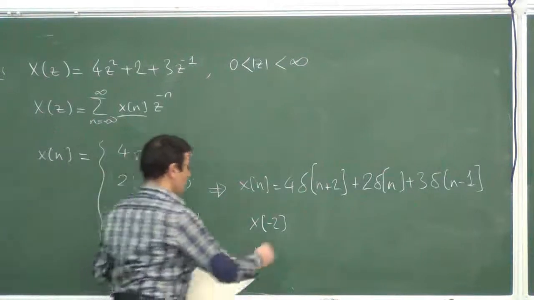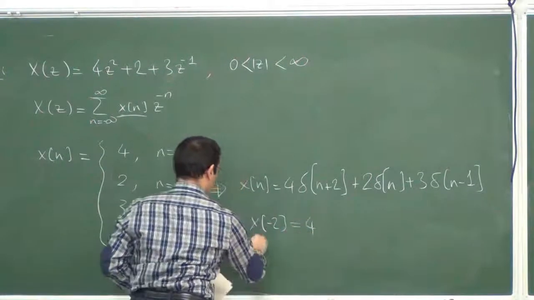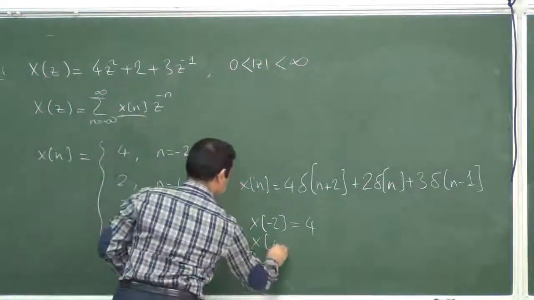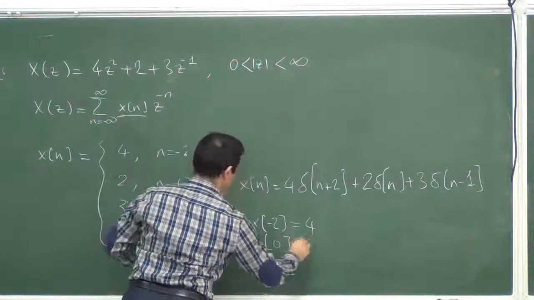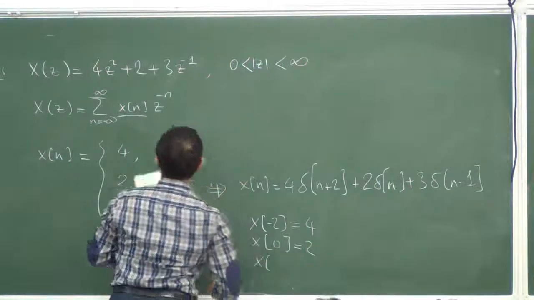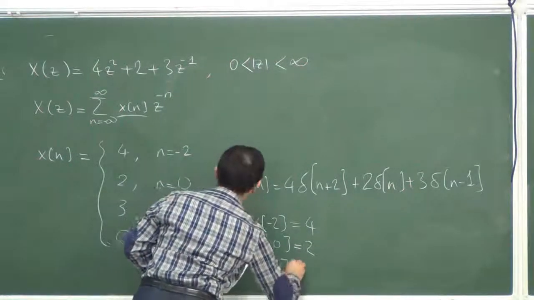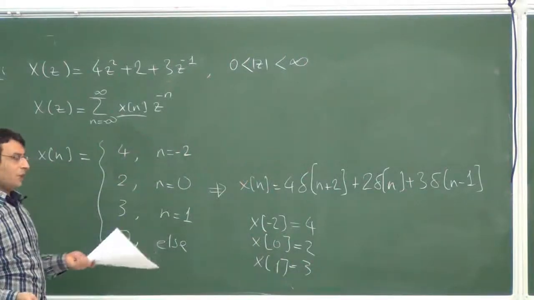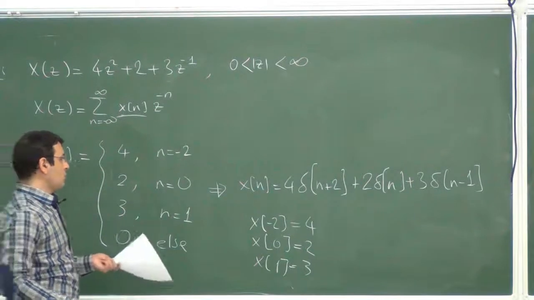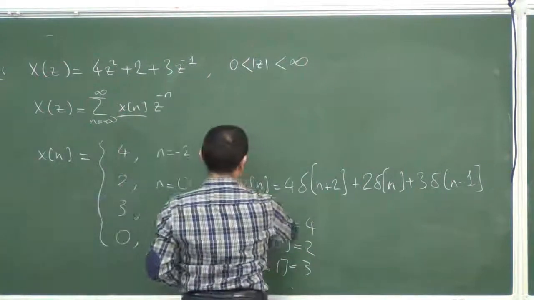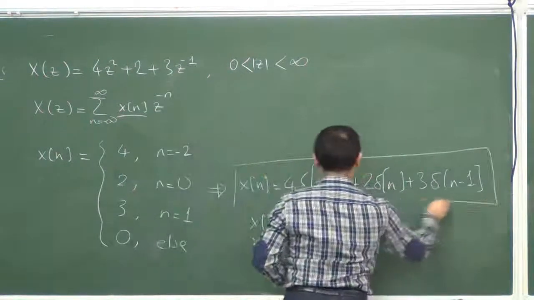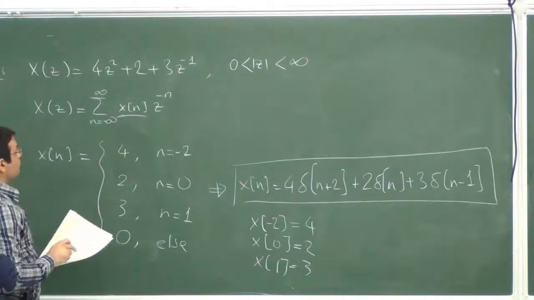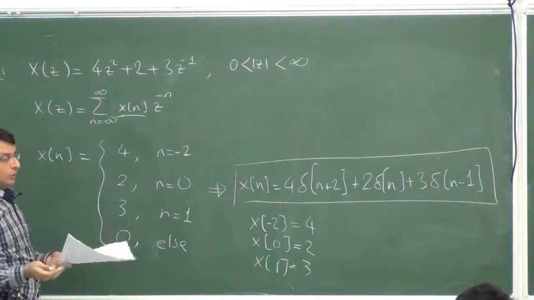Okay, x of minus 2 is 4. What about x0? x0 is 2. And what about x1? x1 is simply 3. All the other values of xn are 0 in this case. So this is the inverse z transform of this expression. Okay, so it is very simple.